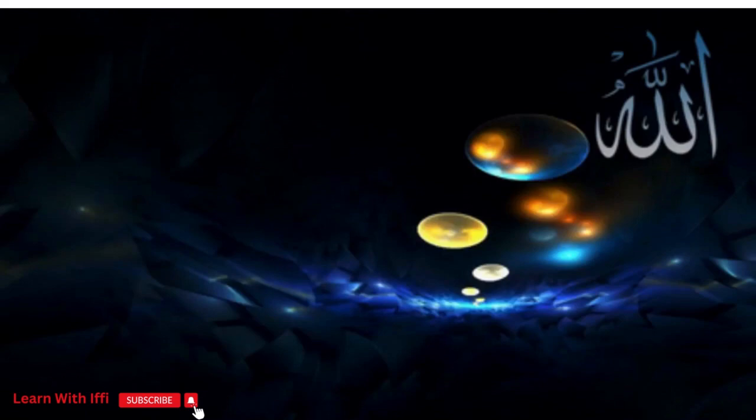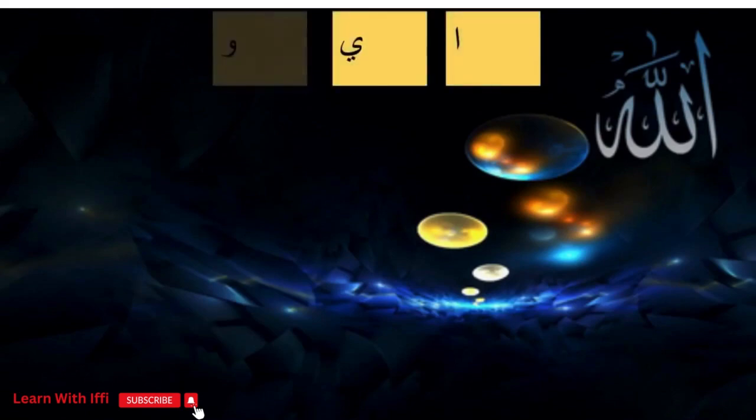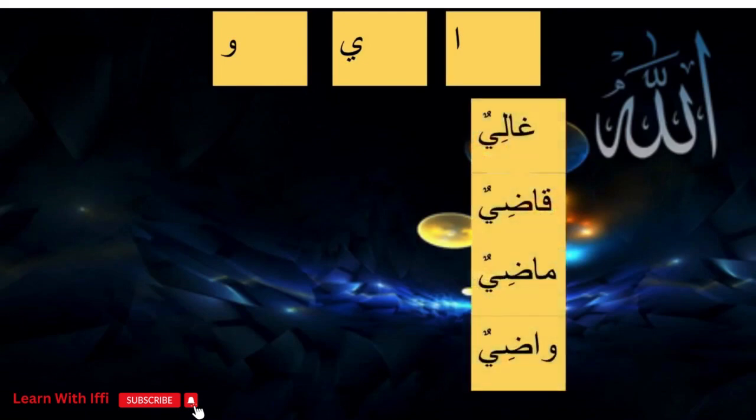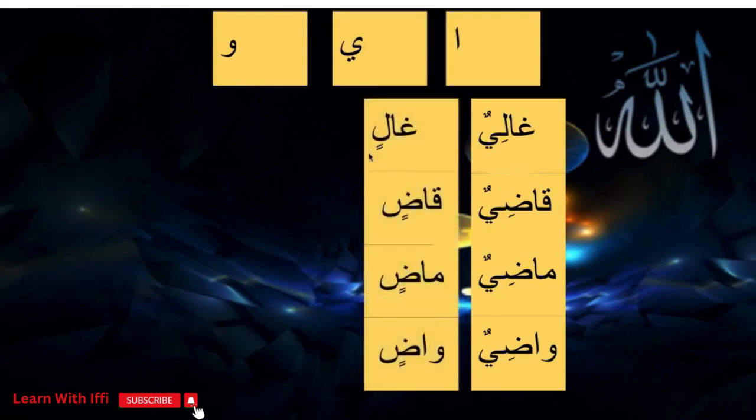We've learned in the previous lessons that there are three letters in Arabic which are called weak letters: alif, ya, and waw. Whenever they come in nouns and verbs, they give different characteristics to the word. We've learned in nouns that when the ya comes as the last letter, as in ghaliyun or qadiyun, the ya is changed into a kasra and completely dropped.